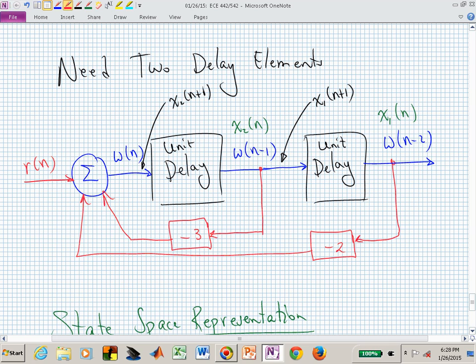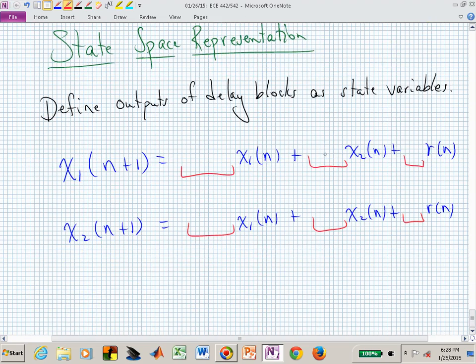And that's what we need. We need to write x sub 1 at time n plus 1 in terms of these other state variables, which means if I fill in these blanks, this becomes a 1, this is a 0, and that's a 0, and I didn't even have to put those in. X sub 1 at time n plus 1 is equal to x sub 2 at n. Is that clear? Where that came from?